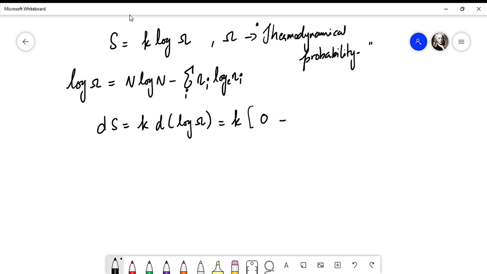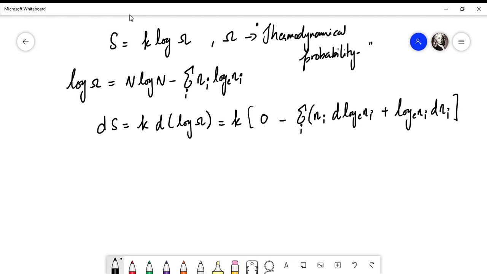Minus. Now in this case, you have to find differentials of the two terms. So it becomes the summation over i of d(ni) log e ni plus log e ni dni, right?